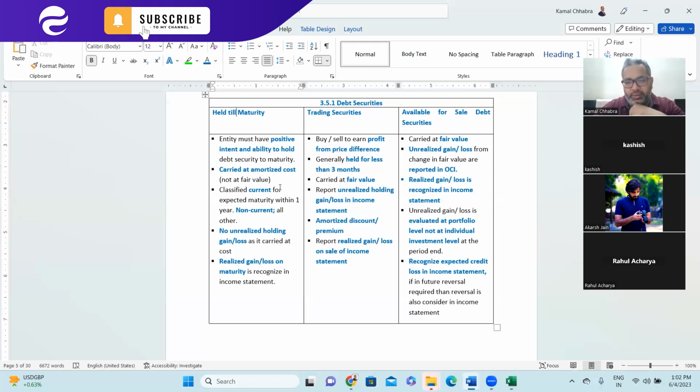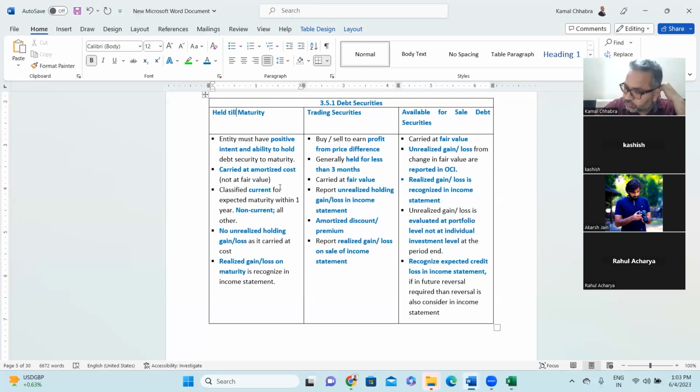But before that, you will not be recognizing any gain or loss on account of change in value. But any interest or dividend which you are earning will go to the income statement. Make sense?